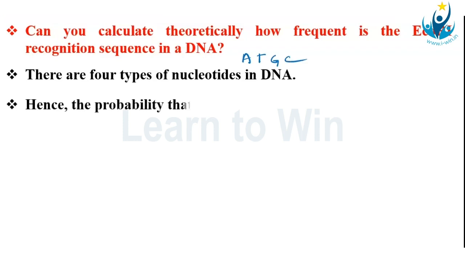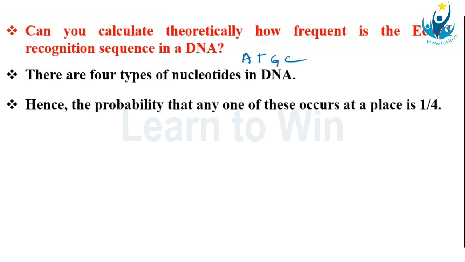Okay. Now, the probability of any of these occurring at a place is 1/4. Let us say this is my sugar phosphate strand. I'll just take a single strand so that it is easier for you to understand.